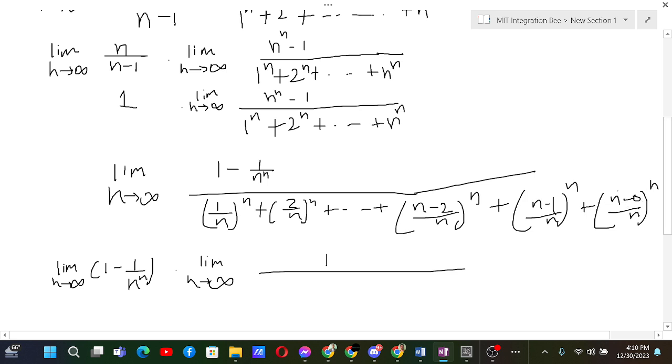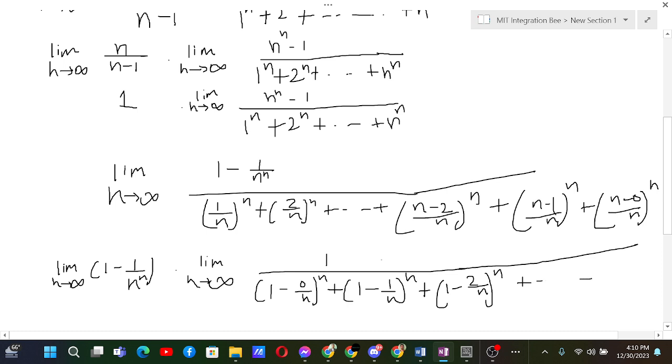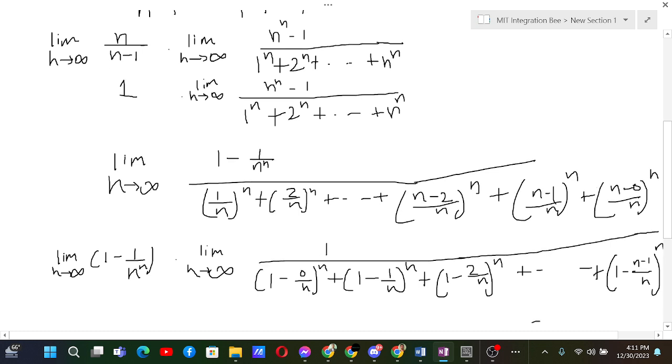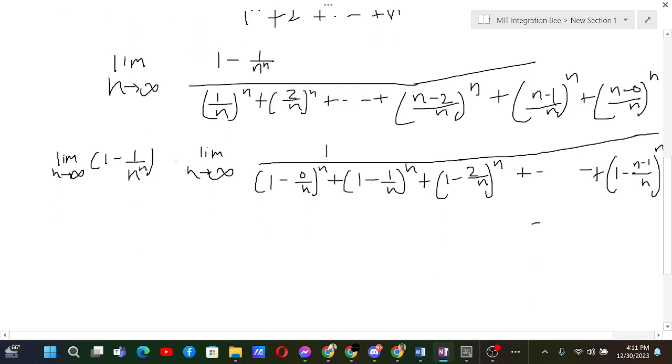If we write it from the opposite side, that will be 1 minus 0 by n to the power n, plus 1 minus 1 by n to the power n, 1 minus 2 by n to the power n, and the last one will be 1 minus (n minus 1) by n to the power n. Now this first one is 1 minus 1 by infinity, so that's 1 minus 0 itself, which is just 1.